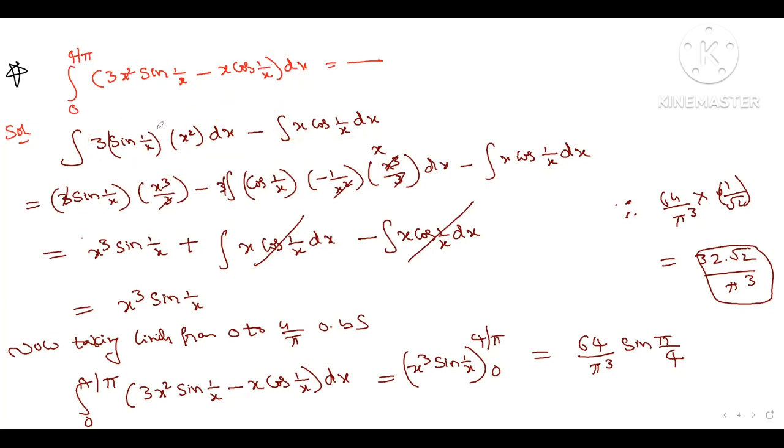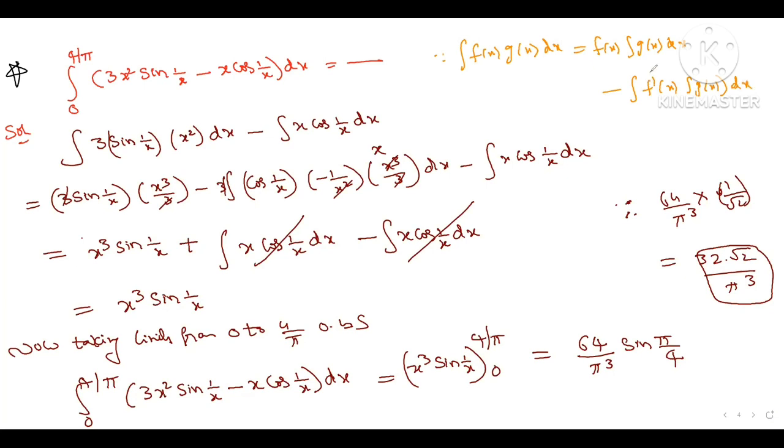Okay, here sin 1 by x, we should take as f of x according to integration by parts, and x square we should take as g of x. So 3 sin 1 by x is f of x. What is the formula? The integration of f of x into g of x dx is equal to f of x into the integration of g of x dx, minus the integration of the derivative of the first function into the integration of the second function.